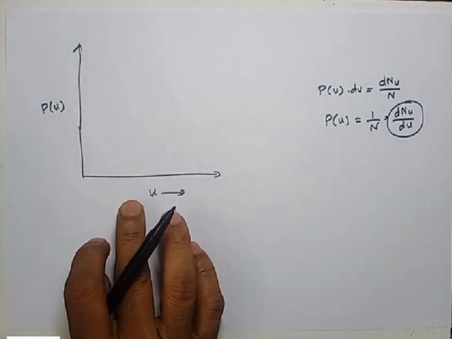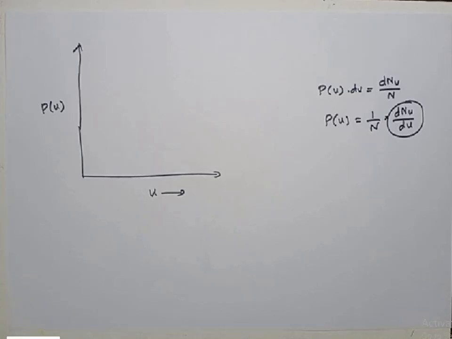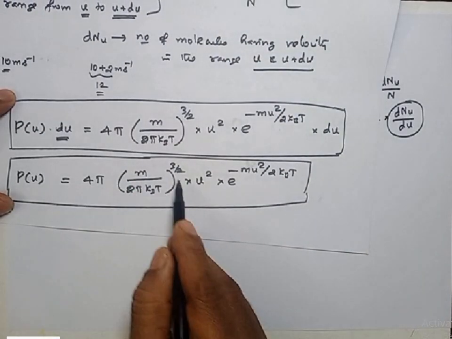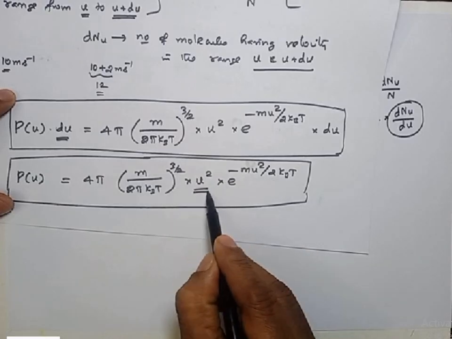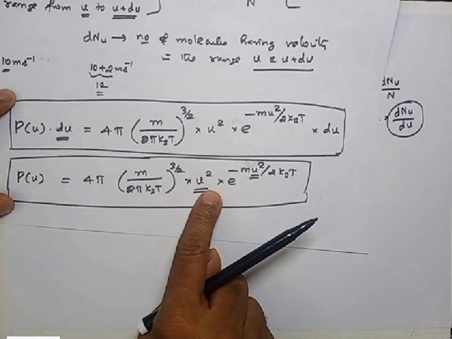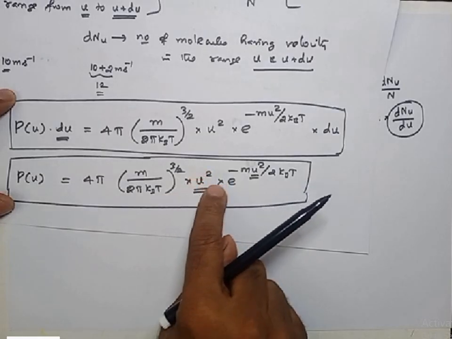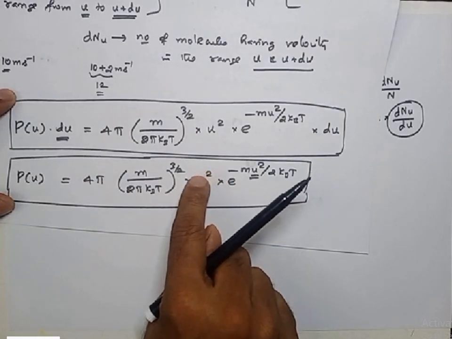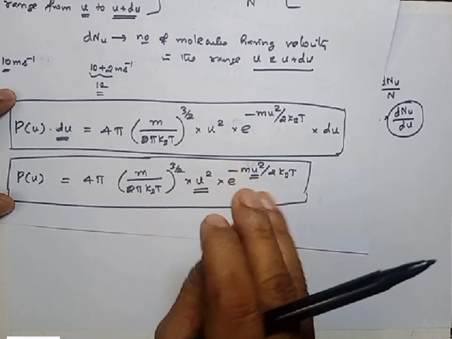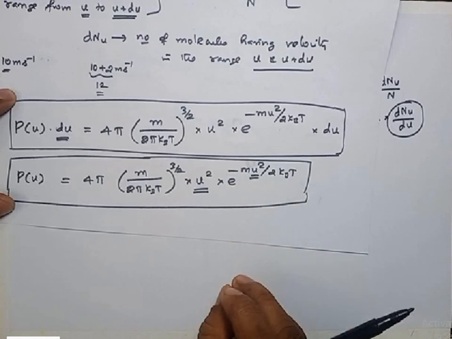If I plot this versus velocity, what will happen? See this equation. Here 4 pi m and so on are all constant quantities. So I have u square here and the exponential here. As u increases, first the u square function becomes dominant, and the exponential is insignificant for lower velocities.